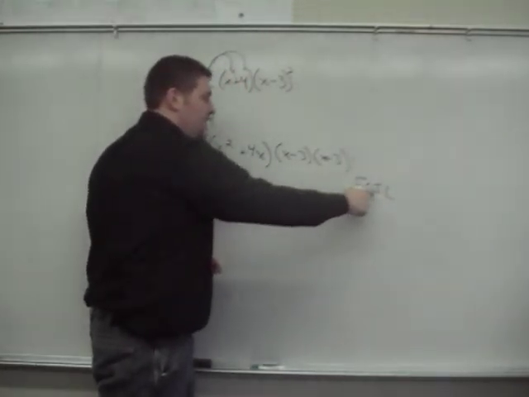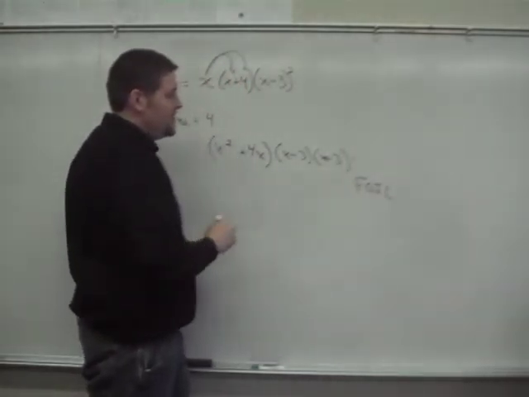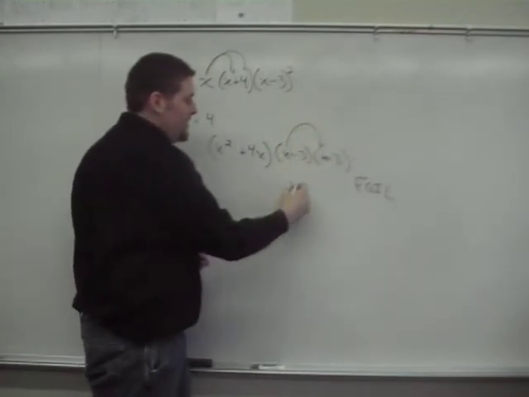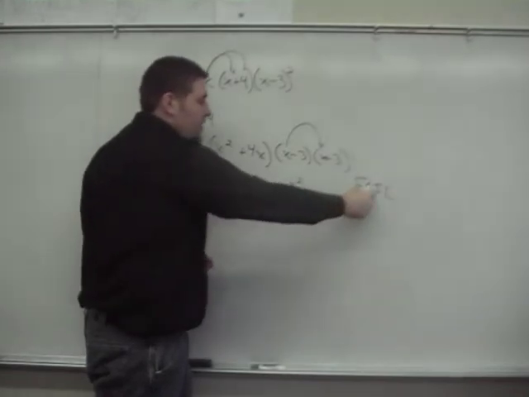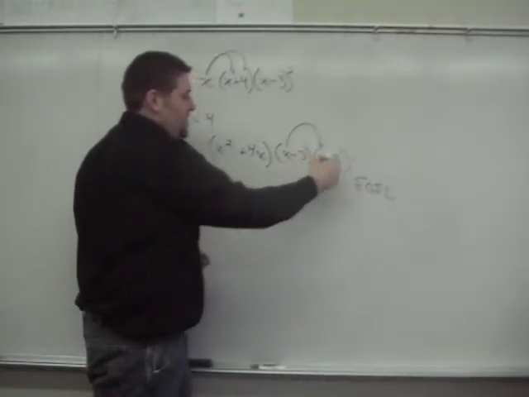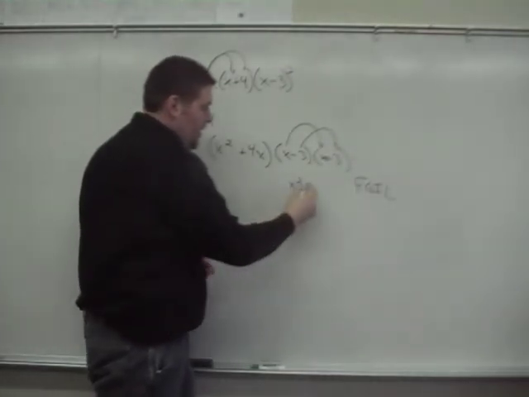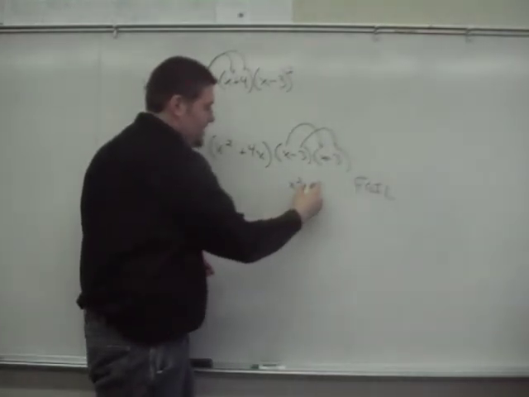FOIL stands for first, outer, inner, last. So I have my first terms, that's x times x. Those are my first terms of each linear factor. X times x is x squared. Then we go to our outer terms of each factor, that would be the 3 times the 3, and that would be our positive 9.